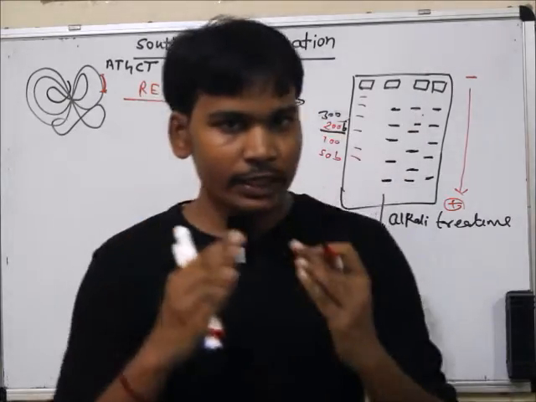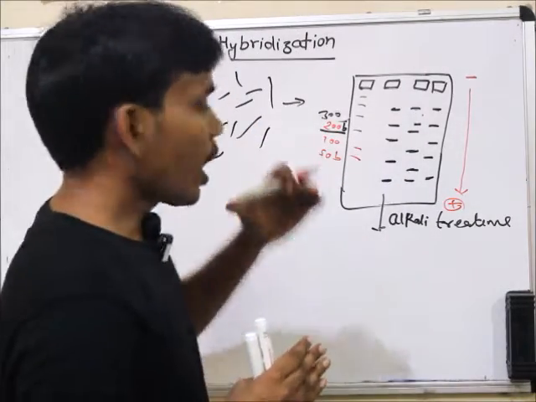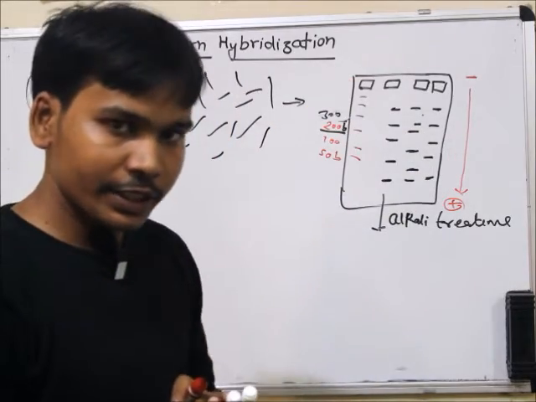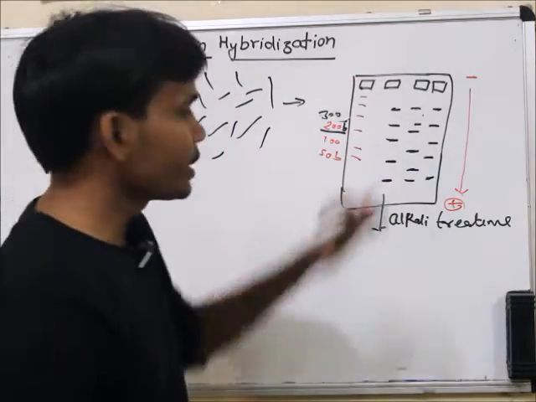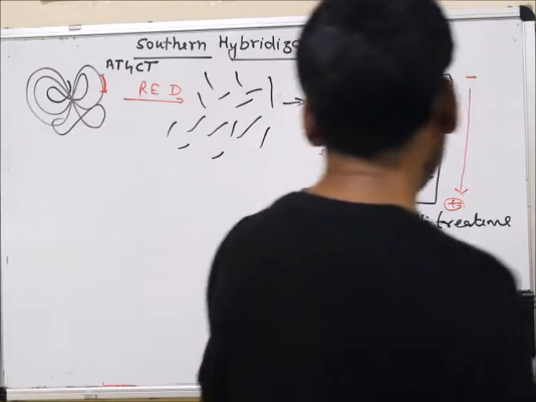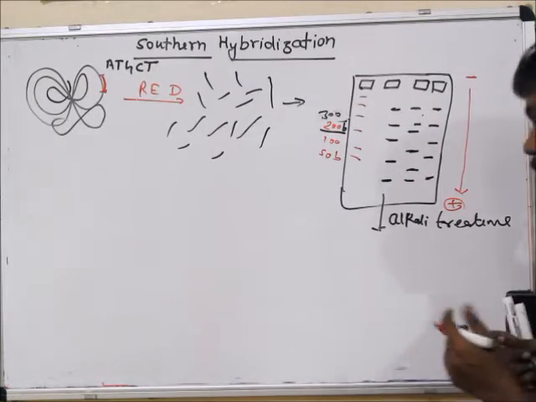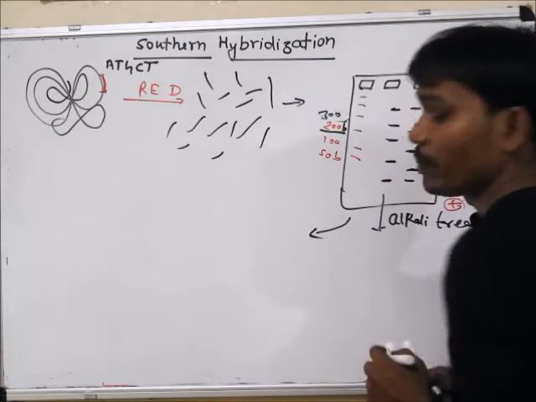The alkali solution has already been made, and this gel is dipped within this alkali solution, and it becomes single-stranded. Then this treated gel is transferred for the blotting.